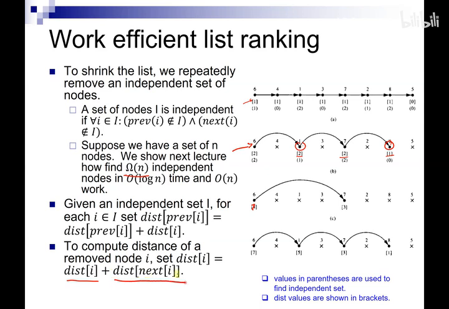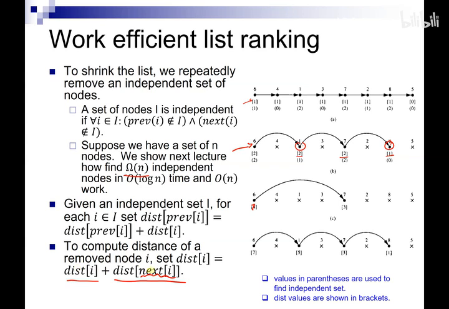And then after you put I back, the next node has already computed the correct distance from himself to the very end. So this is the distance of the next node to the end of the list, and this is the distance from this node I to the next node.